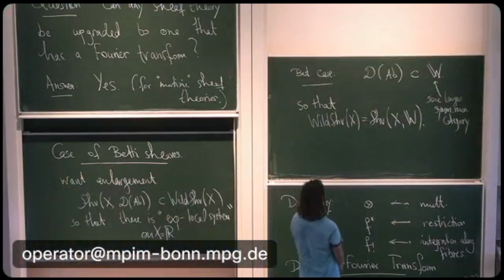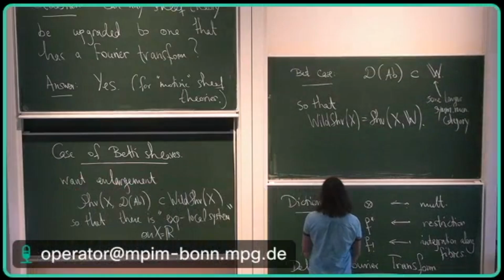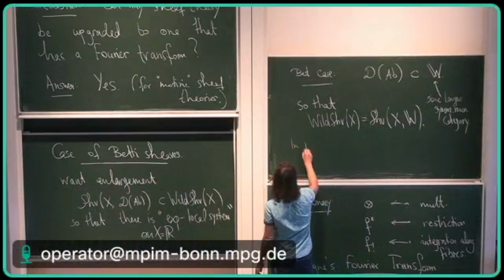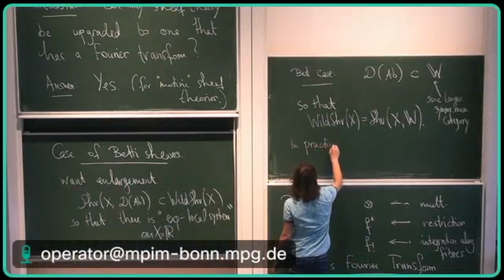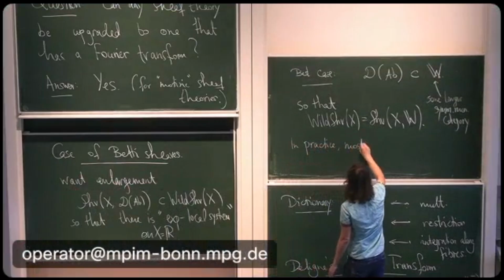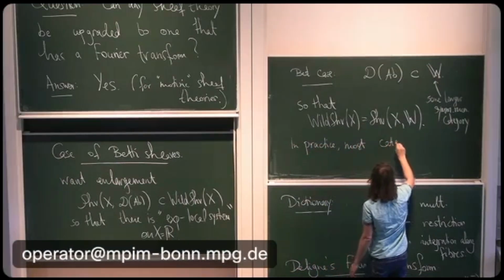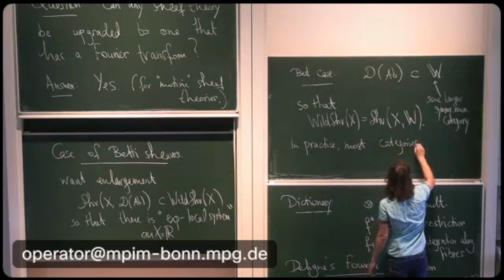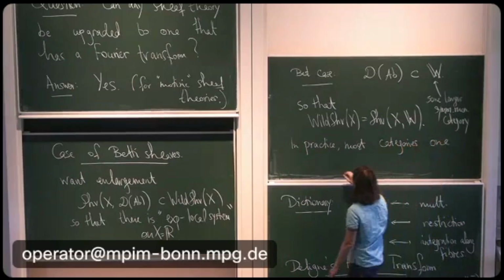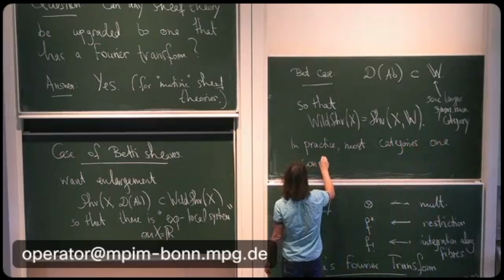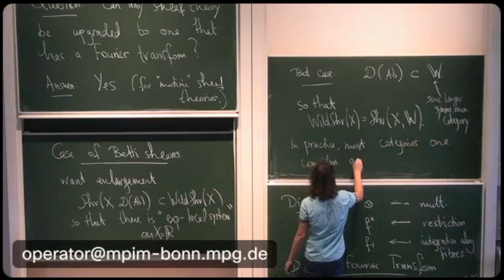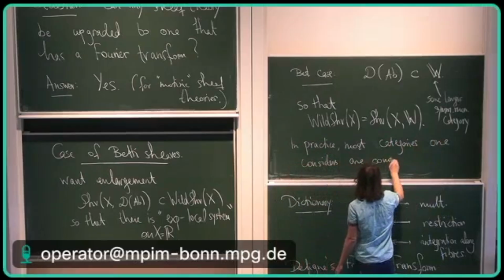You would usually run into the issue that this doesn't work. So usually, in practice, most categories one considers are compactly generated.